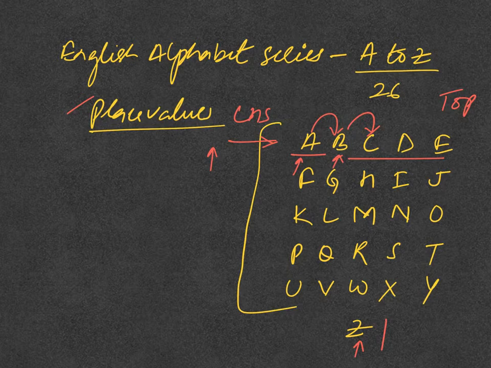But if I suddenly ask you what is the place value of N from the left hand side, it will be difficult for you. For that we will learn some shortcuts.